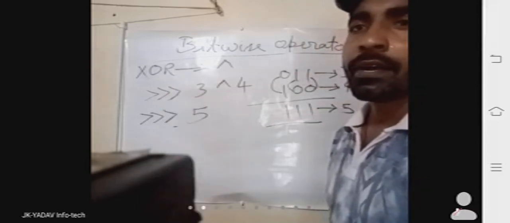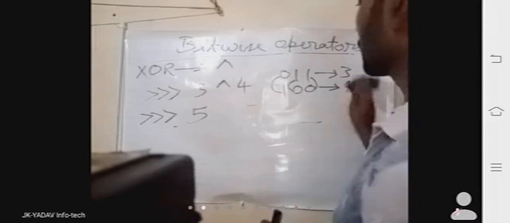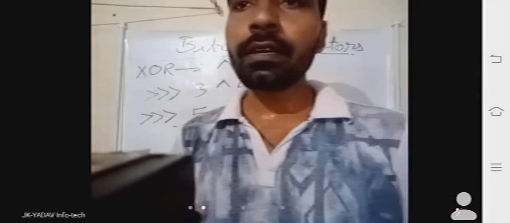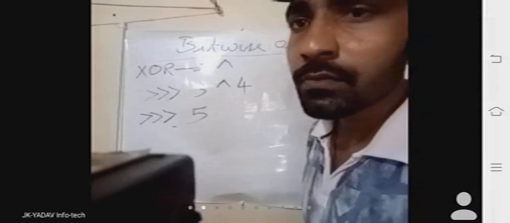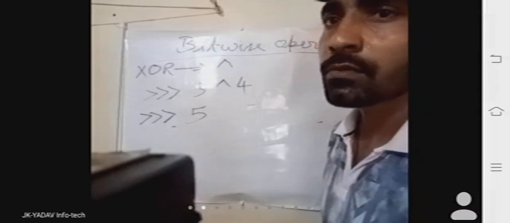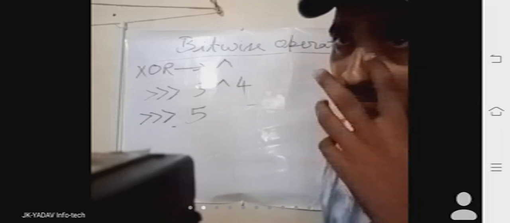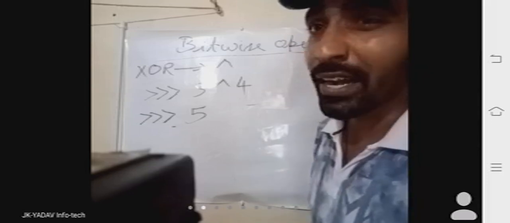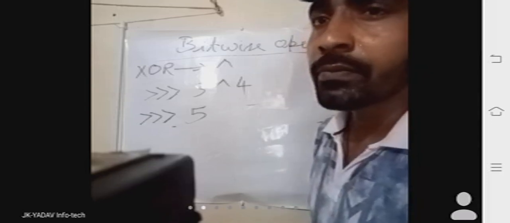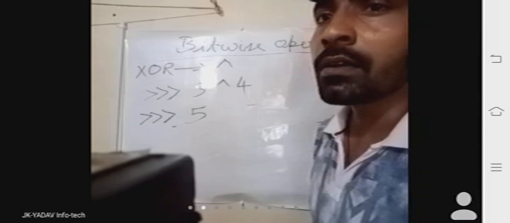Okay. So that's all for today. Any query? Yes. Triple one is the binary of 5?